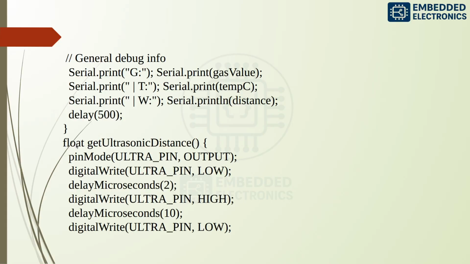And float is a data type, get ultrasonic distance, so this one means the ultrasonic pin value is output. Here we considered the ultrasonic pin as an output and this is low. After some microsecond delay it should be high, then again it should be low after some delay.